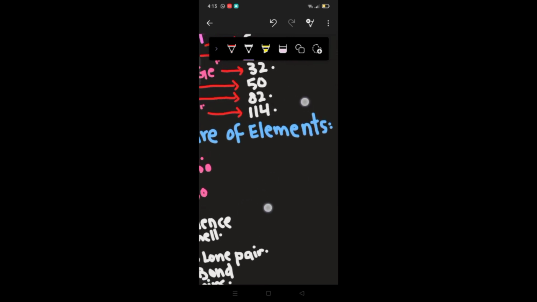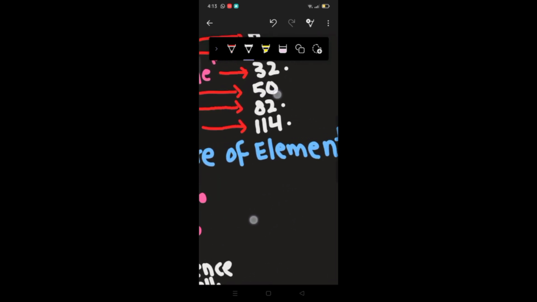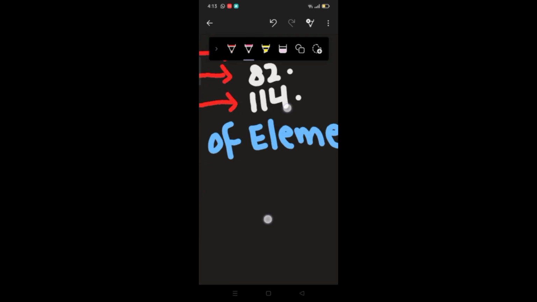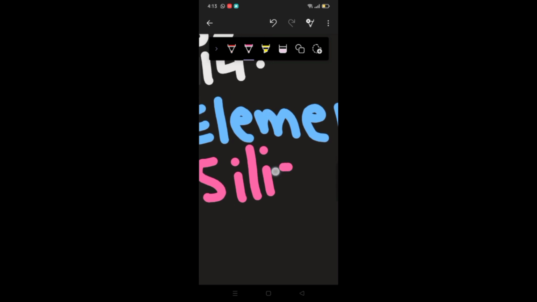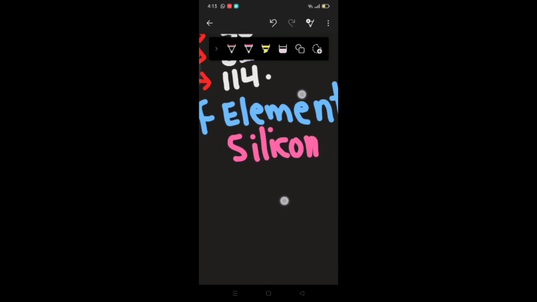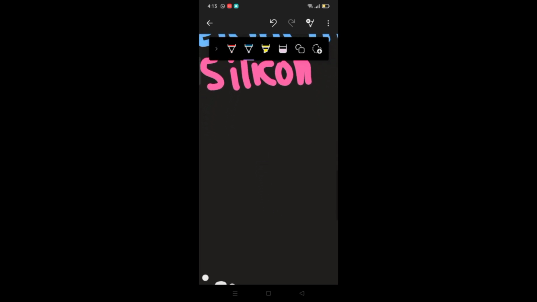Alright, so now we are going with the structure of silicon so that it can be more clear to us. So let me write down the element silicon here, and silicon has atomic number 14. So let me make the structure of silicon.